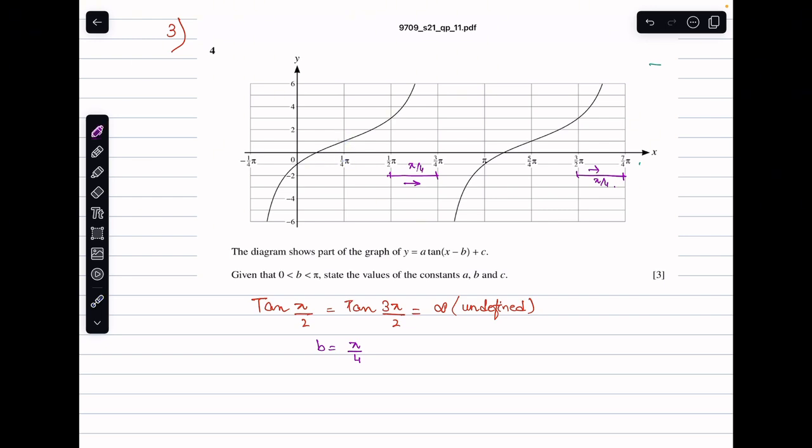So if this is translated to pi by 4, then what I can see here is that this graph here is positive, and on the other side, from the same value, which is a 1, I can see that this graph here is negative, meaning this is how the cycle of the graph is getting completed. It's positive here in the first quadrant translated by pi by 4.